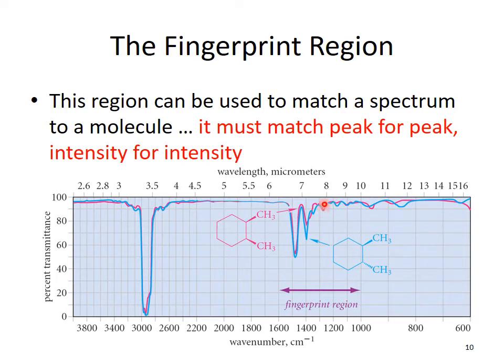Look how the intensity of this one is bigger than that, but the intensity of this one is smaller. This region down here is a unique fingerprint, and we do not say that the molecule is the same unless each peak matches wave number to wave number, intensity for intensity. So it has to be pretty much an exact match. Now, if you have more samples, sometimes you get deeper peaks, but they all will get deeper in the same amount.